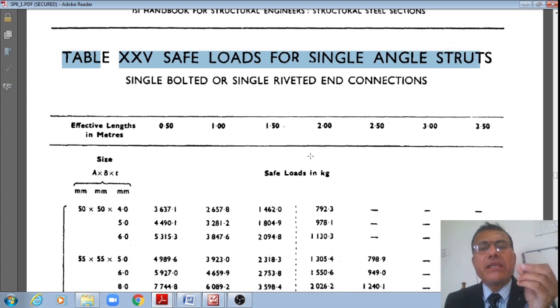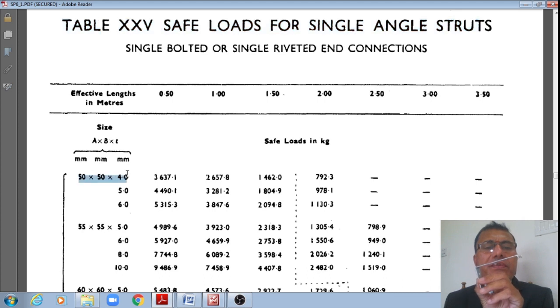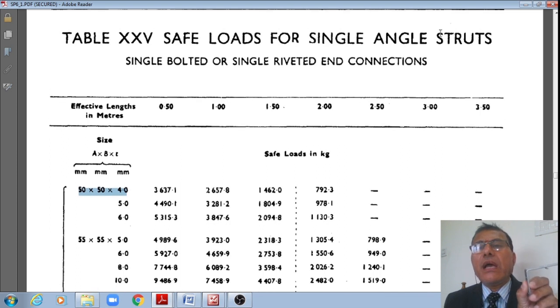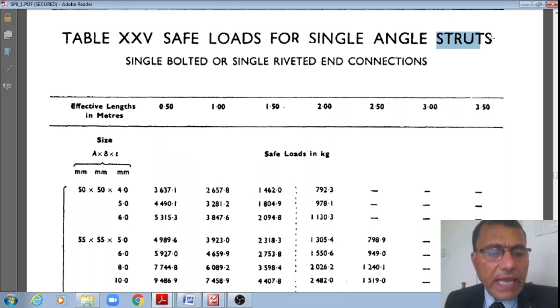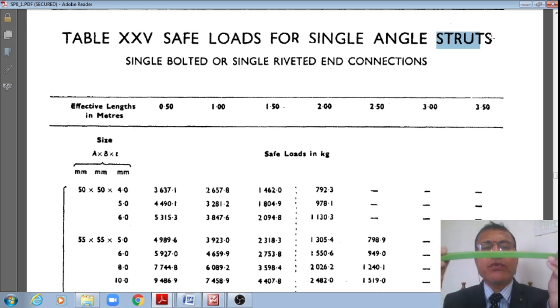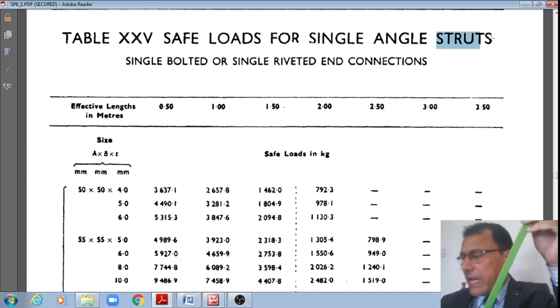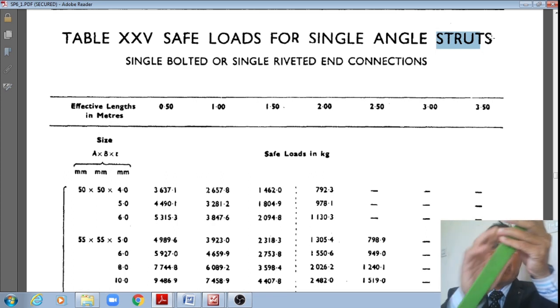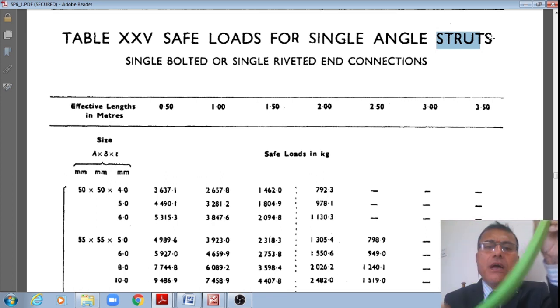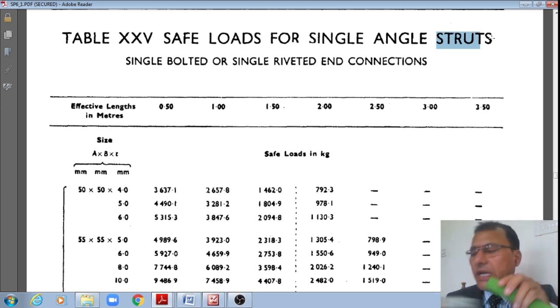If I use a single angle of, say, 50 by 50 by 4, with an effective length, if the length of this angle is 0.5 meters, that is 500 mm or 50 centimeter, and this angle is used as a strut, a compression member, then how much load it can resist is readily given as a ready record for design of the angle strut, students.